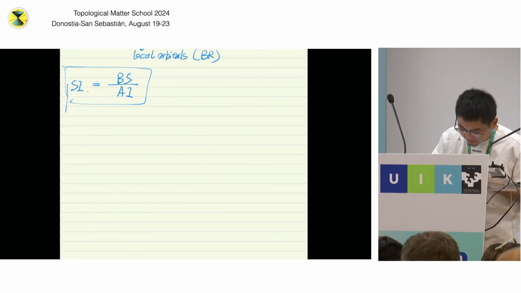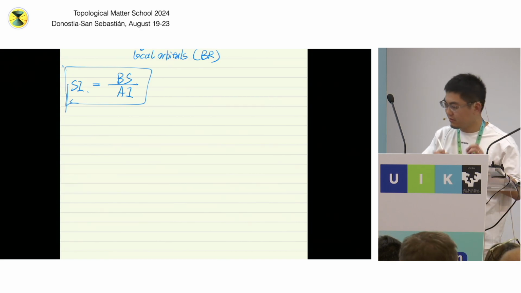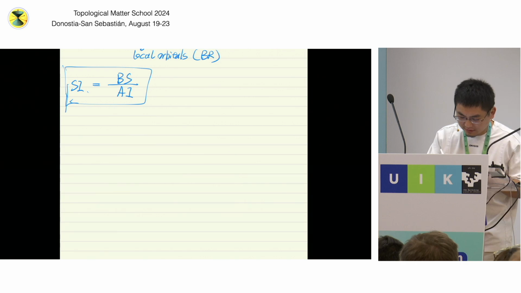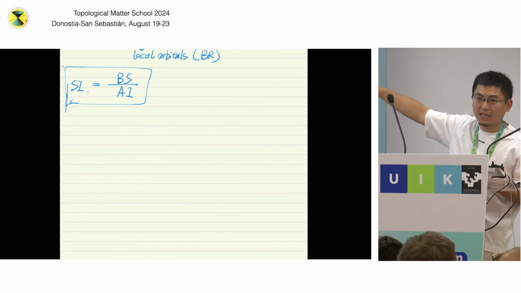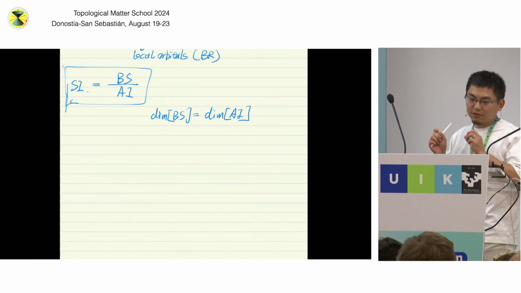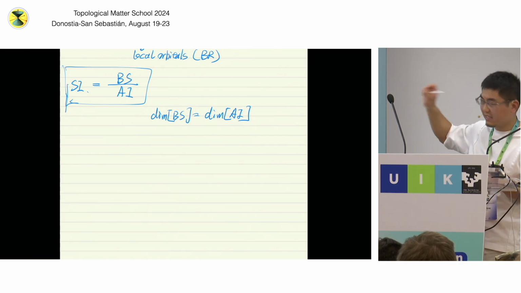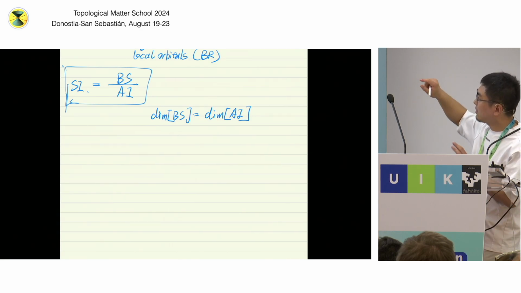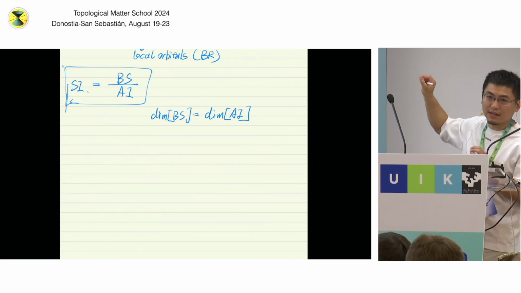So the first thing that is very important is that numerically people find that these two spaces have the same dimension. It means the dimension of BS equals the dimension of AI. So that means for every vector in the BS set, you can always write it as a linear combination from the basis in the AI set.